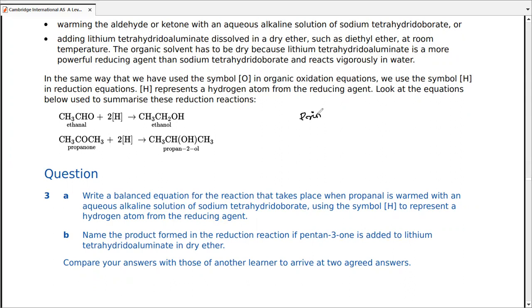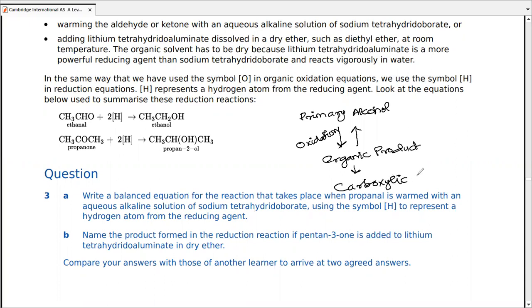Now, if they write something like this over here and here, what these conditions are, or what this organic product is, I hope you can clarify them.